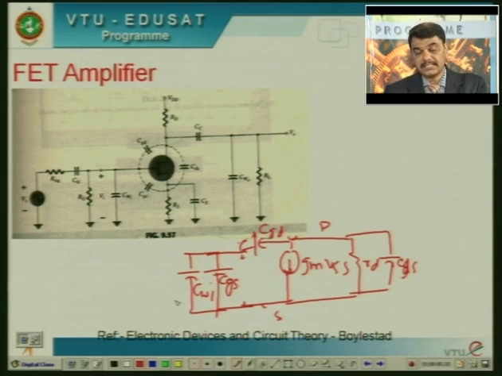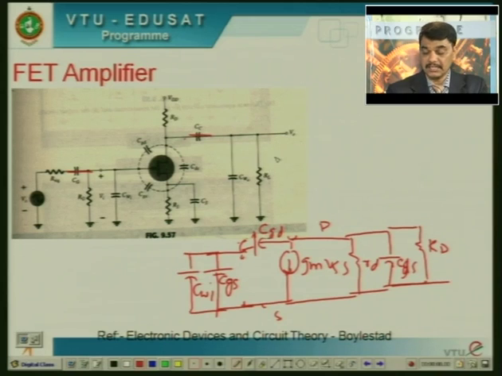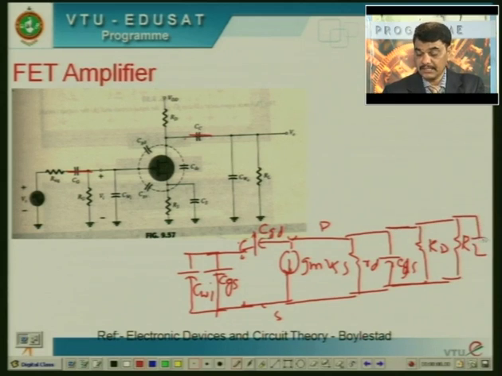Now we have to connect an external component. To connect an external component, set VDD equal to 0. When VDD is equal to 0 and these two act as short circuit elements, you get RD between the drain and the source, and RL also lies between this point, and also there is a capacitance CWO.